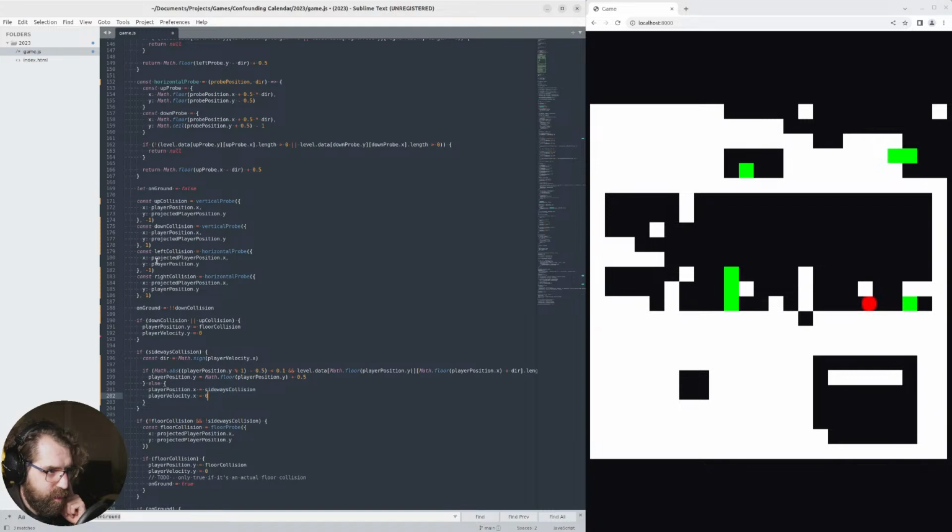But then depending on whether it's a left or a right, we need to change direction here. But they could both be happening. So it does depend on my direction in this particular case.